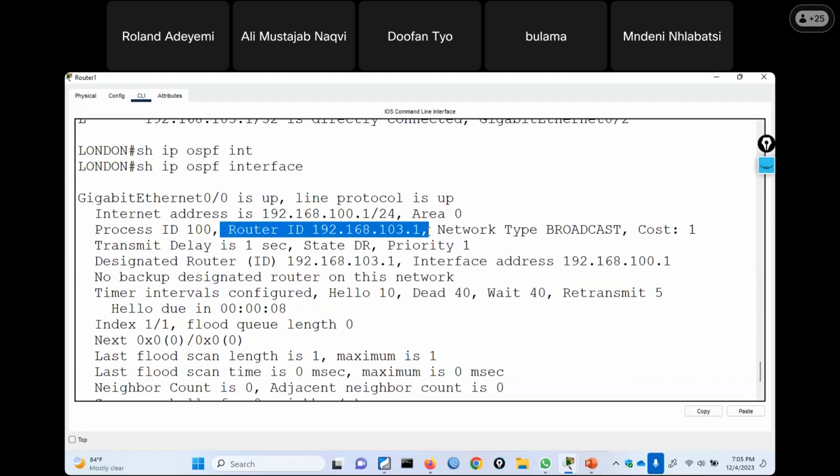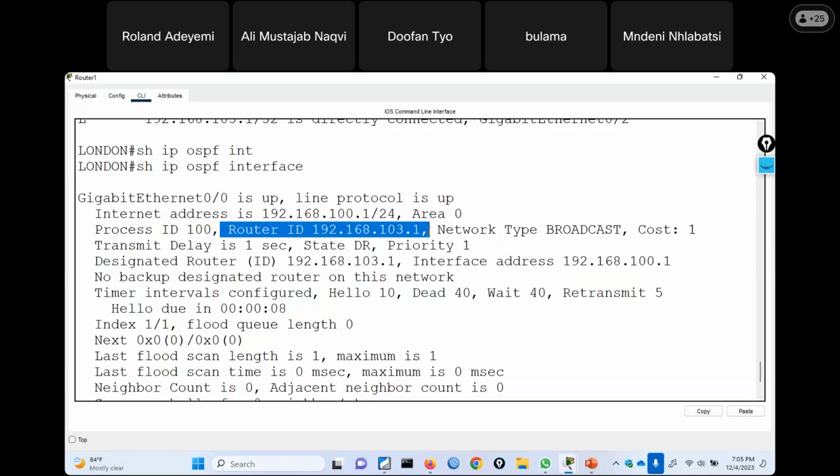Why? There are 3 IP addresses on this router. One is 192.168.100.1, the other one is 101.1, and the other one is 103.1. And we have said the router will pick the highest IP address on any of the interfaces as its router ID. But we may not like this.